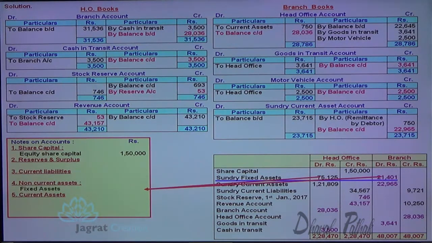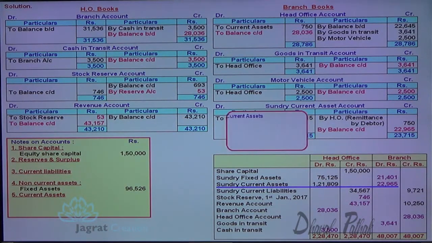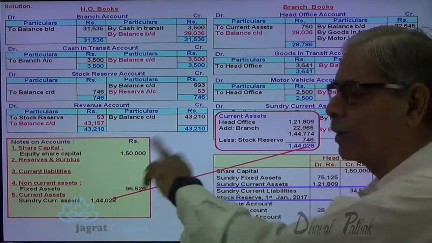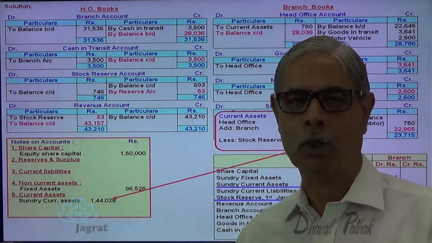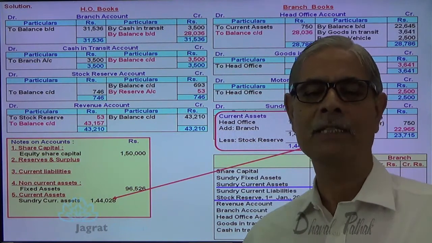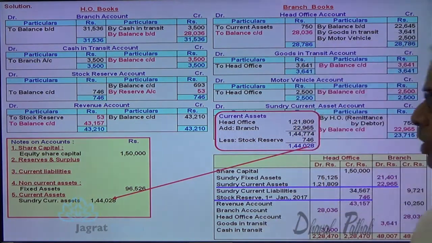Fixed assets total, non-current assets, current assets: head office plus branch, minus stock reserve. So these are the current assets. Stock reserve is deducted from the stock because stock is reported at cost, and the profit load in the stock is to be removed because in the balance sheet stock is to be reported at cost.